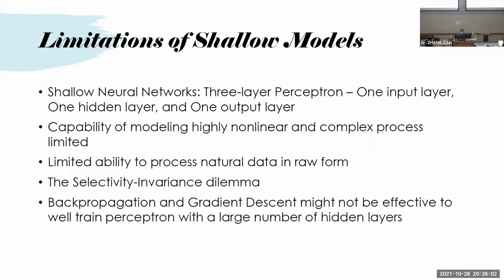Yeah, and the third limitation. Every time you want to use shallow neural networks, you have to prepare the data in a ready form, especially doing standardization for all the dimensions. Okay. The next is the selectivity invariance dilemma. Shallow neural networks do not have such selectivity invariance capability.